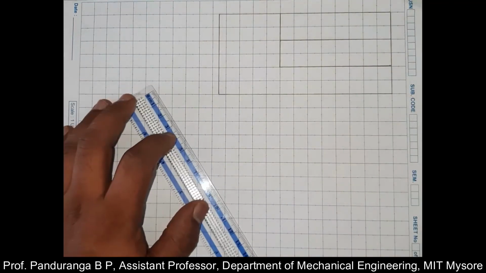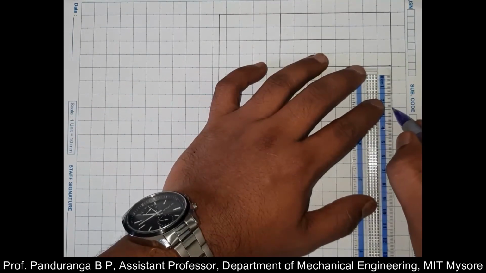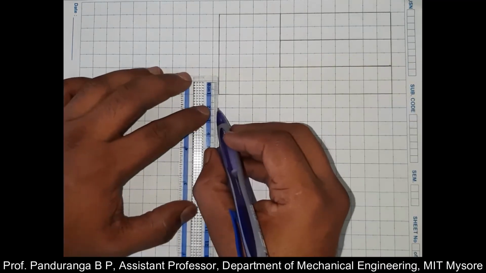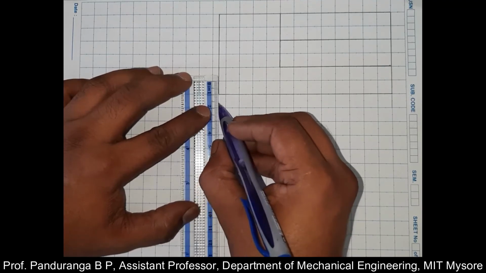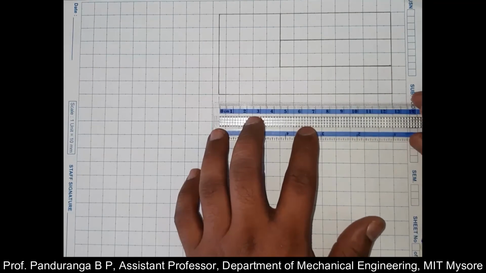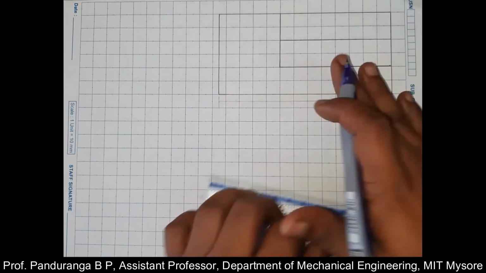Now we need to show the dimensions. So to show the dimensions, what I'll do is I'll draw thin lines on the extreme ends of the lines where we need to show the dimension, and this thin line should not touch the actual figure, and then I'll join those two at the center with another thin line.